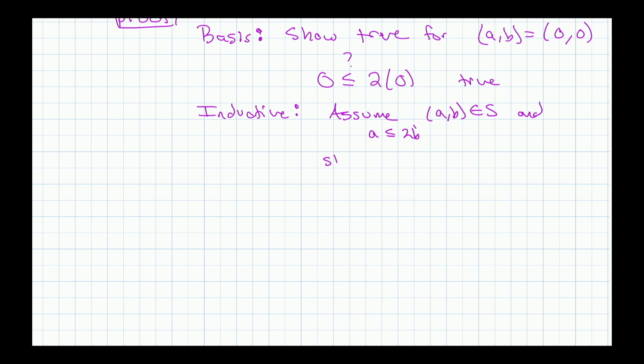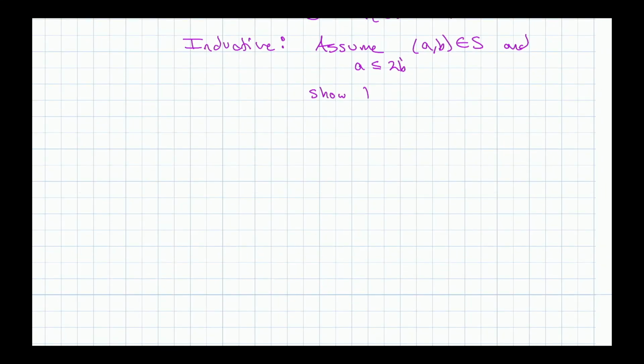We need to show the property for the new elements in the set. I'm just going to say the property because it's going to be faster. So we need to show that the property holds for, what were they?